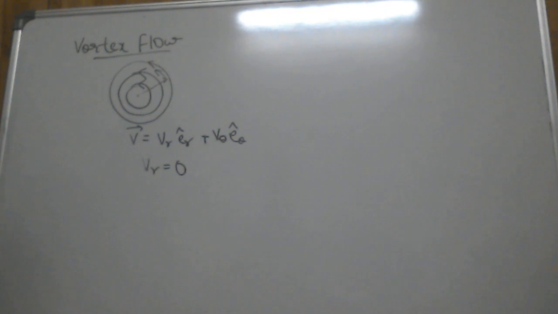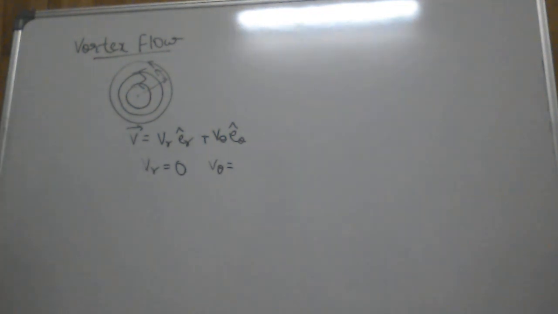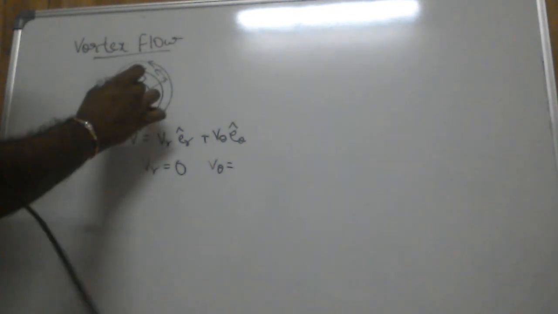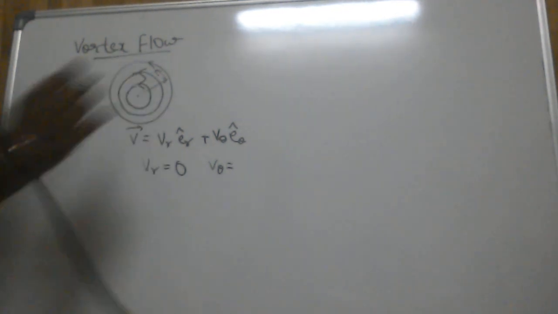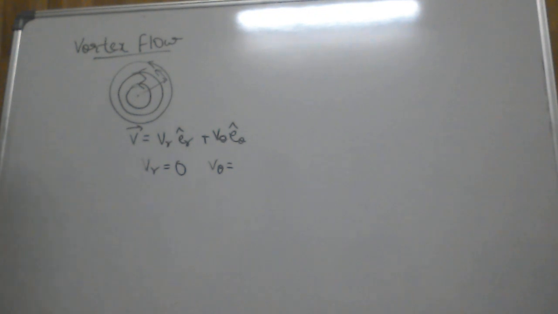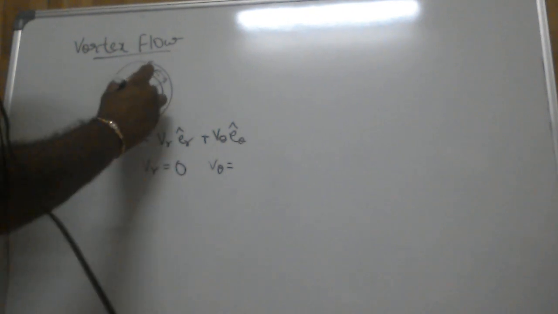Now let's look at V theta. We say that V theta is only a function of r, which means that a streamline at a given distance r from the origin is going to have a constant magnitude for V theta. As r changes, V theta is going to change.